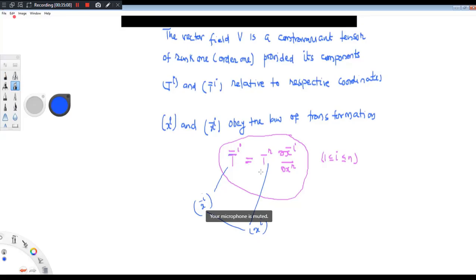Okay, so if you look at this, what is actually this? So many things are here.